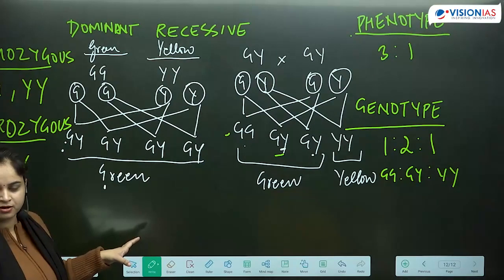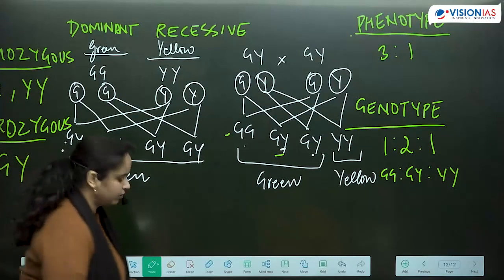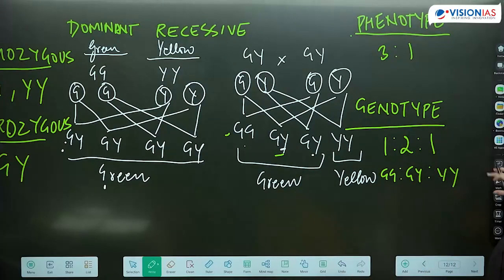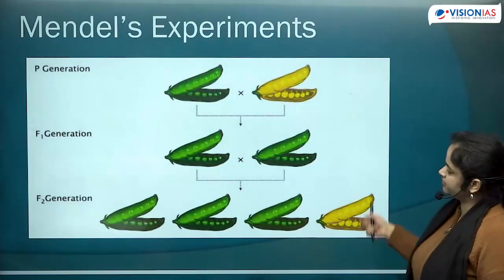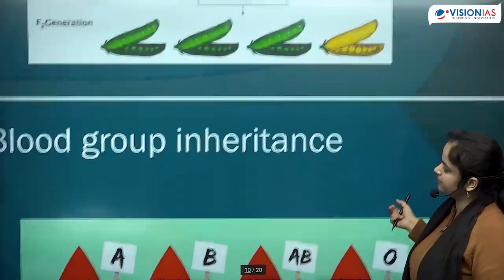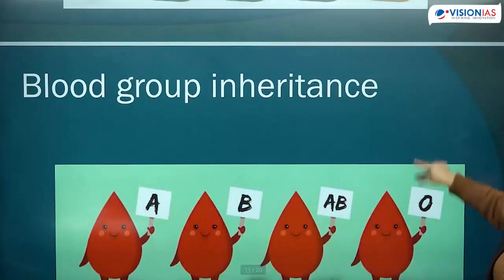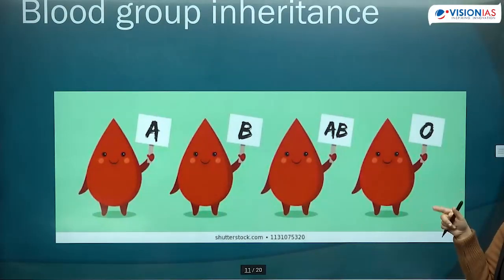Okay, so yes, we will be talking about one such feature, which is your blood group inheritance. And I hope you find this interesting, because after studying this, you will be in a position to make your own inheritance cross. If you know the blood group of your parents and your own blood group, you can do that whole thing for yourself.